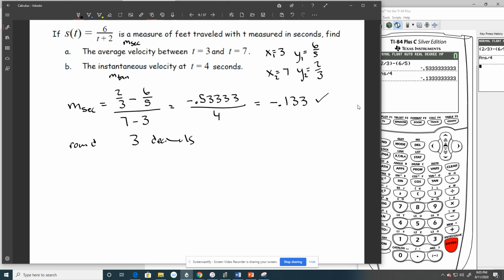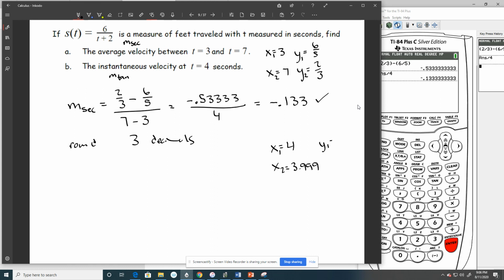Okay. Now I want to find my instantaneous velocity at t equals 4. So one of my x values is going to be 4. And I want my other x value to be really, really close to 4. So let's call this x1. Let's call x2, how about we do 3.999.